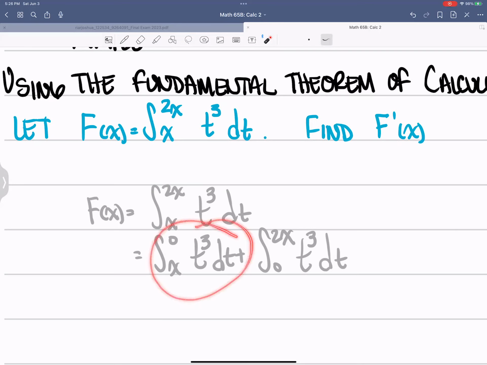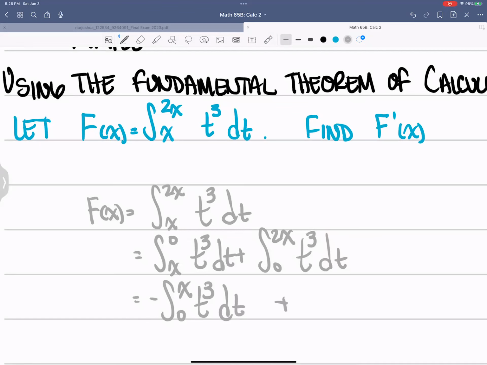I'm not so crazy about this one right here. So what I really want to do is switch these two and then just put a negative out in front of it. We are able to do that by looking at a different orientation. And the right one goes from 0 to 2x, so that one's fine.